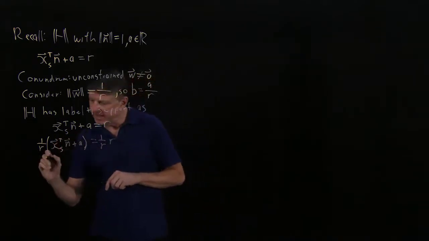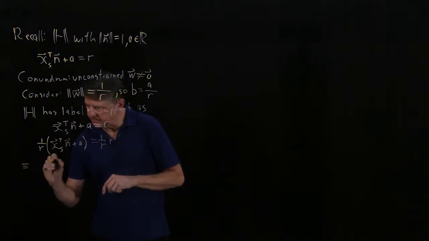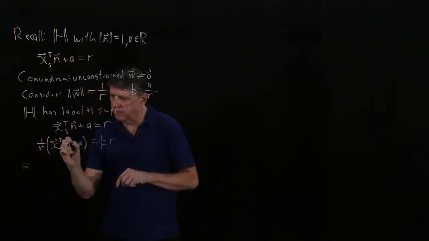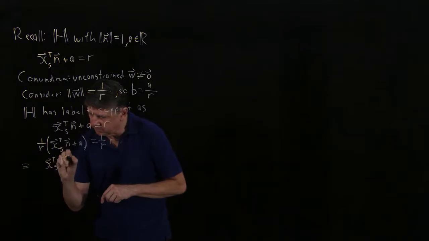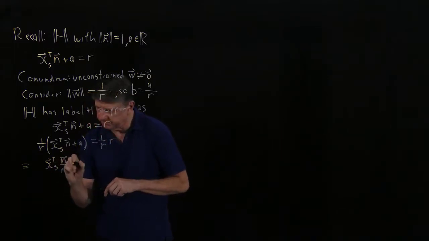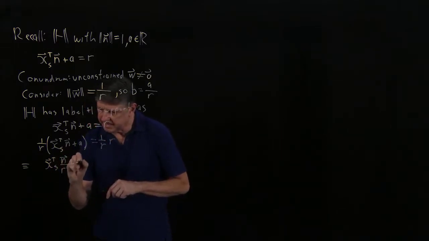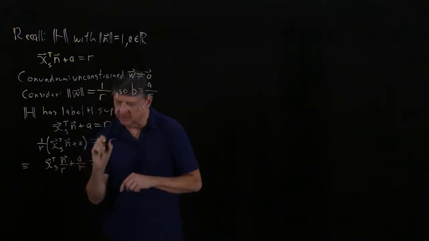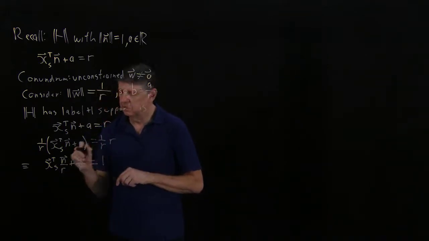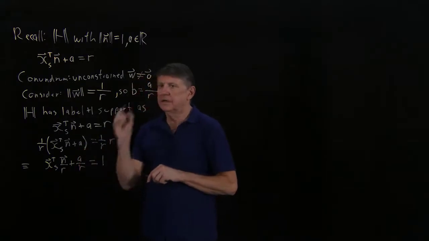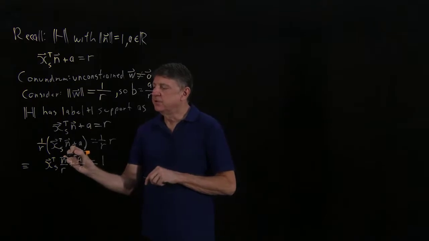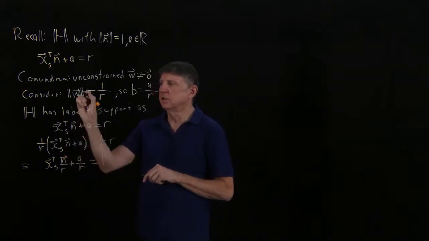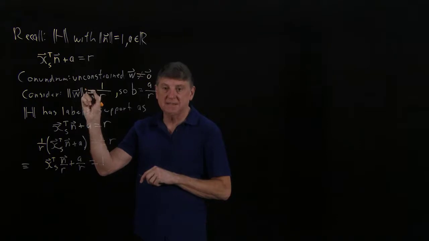And then that is equivalent to saying that x transpose support times the normal vector over r plus a over r equals, and r over r is 1. And a over r is our bias scalar b, and the normal times the length of w is w.